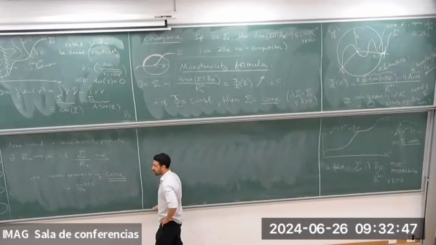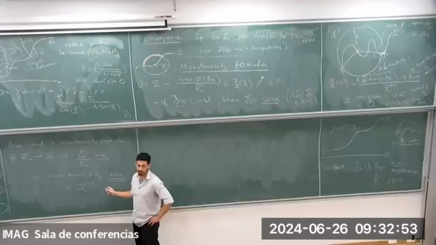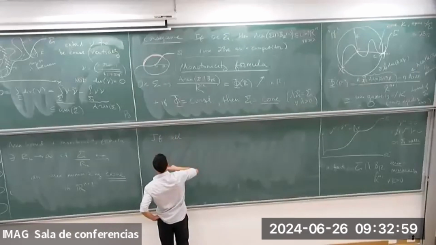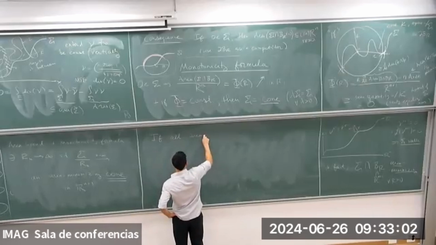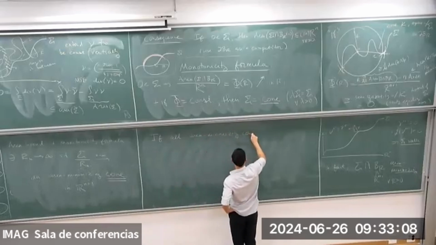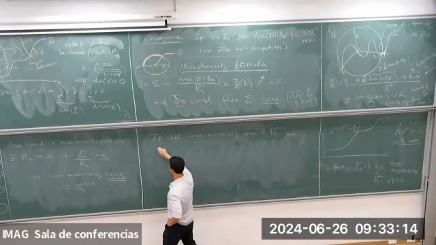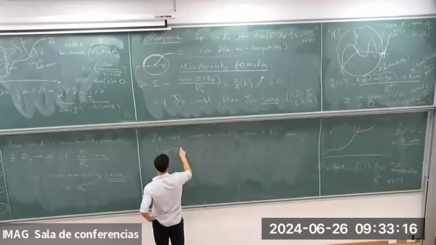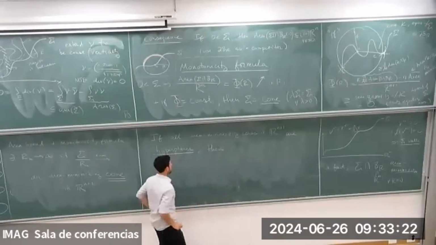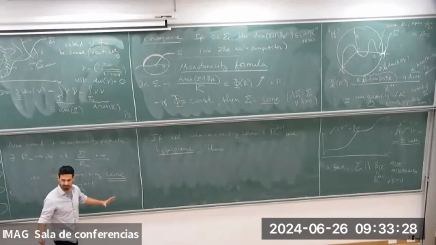And the last thing I want to say before going on to something more specific is that if you can prove that all the area minimizing cones in R^(n+1) are flat, or hyperplanes, then I claim that sigma has to have been a hyperplane to begin with.